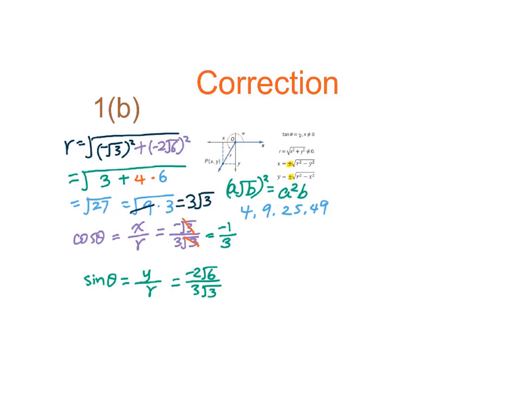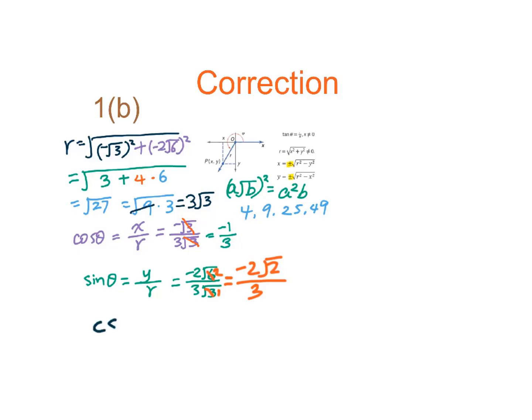Let's do some correction for some mistake made in number 1 question B. This is a reduce. You will get negative 2 square root of 2. This part is 2. Here is 1. Square root of 1 is 1. So 3 times 1 is 3.